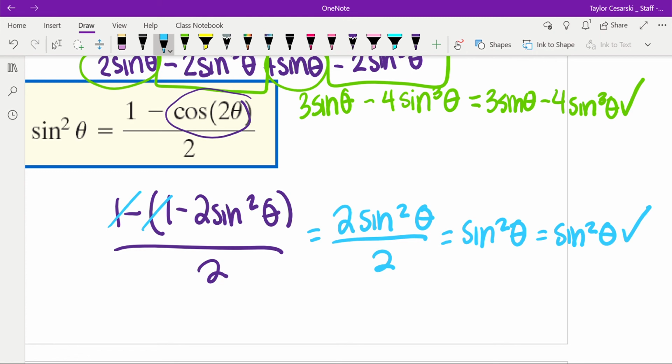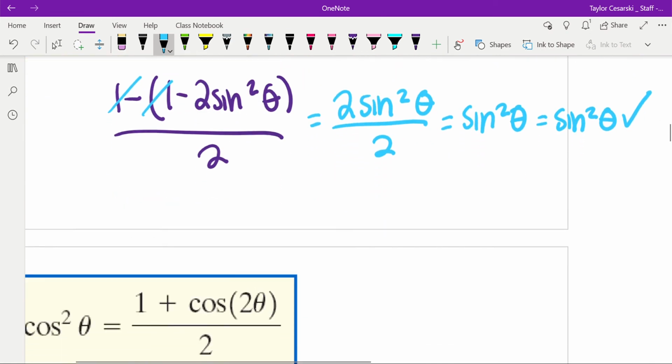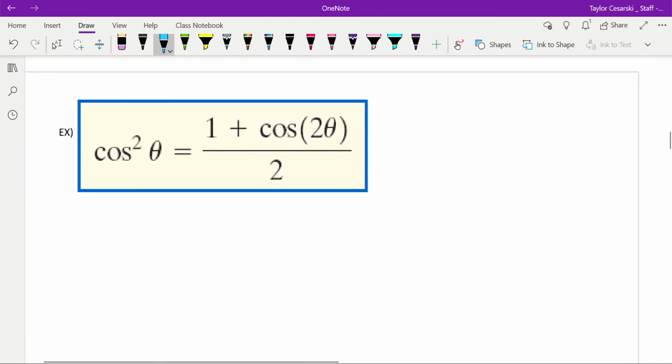All right, we have one more left for 6.5. Half angle is actually in 6.6. It's not labeled. All right, so this one, cosine of 2 theta, again, you have some choices, okay? Now in this one, I have cosine squared of theta in my final. So I'm going to choose the cosine of 2 theta identity that has cosine squared in my final answer.